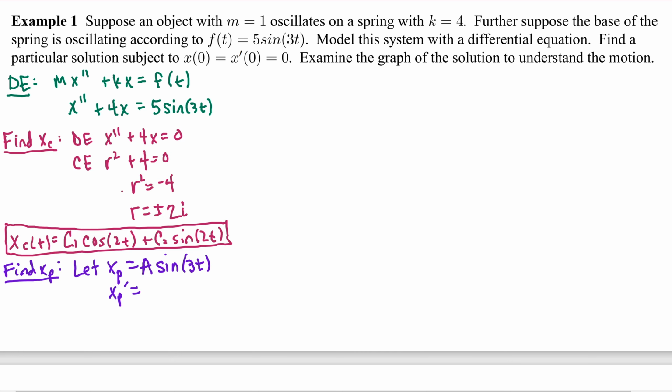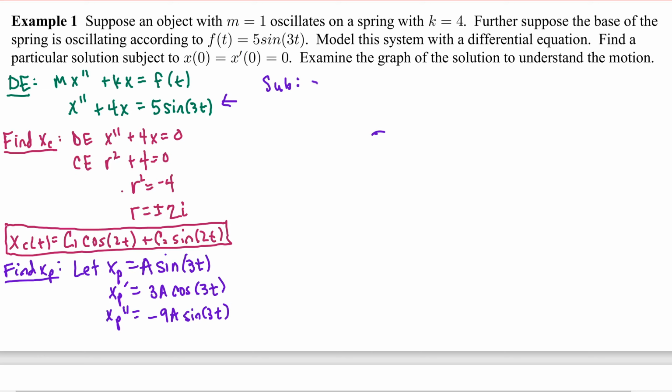xp prime then would be 3a cosine of 3t, and xp double prime would be negative 9a sine of 3t. So we're going to substitute this information into our differential equation that we see here.